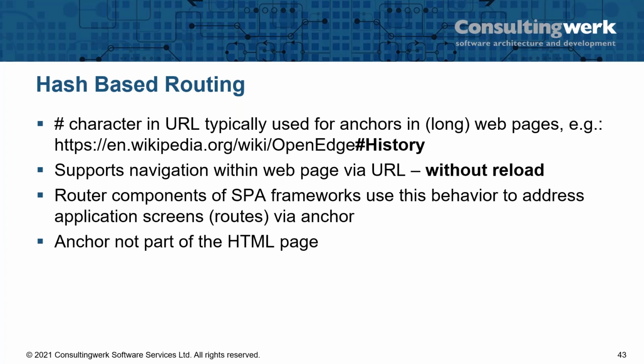So up to /wiki/OpenEdge, it's in the address of the page, and then #History is really a jump marker within that page. And if we are already on the page and we jump using the URL from one of these anchors to the other, this does not trigger a full page reload.